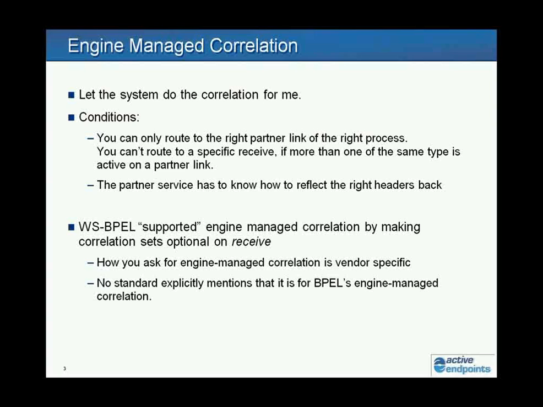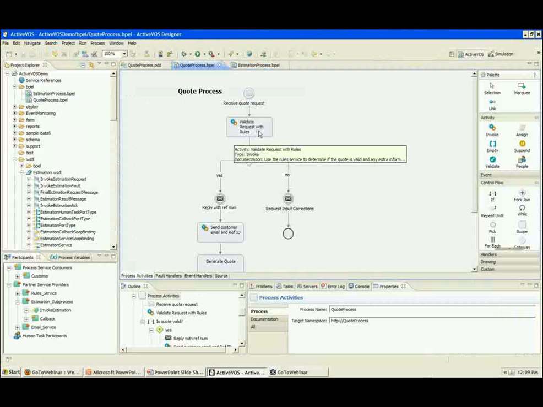It also means that there is no standard that says how to say that I want engine-managed correlation for a particular partner link or a particular receive. So let me show you the way that it works in a BPEL process using ActiveVOS.